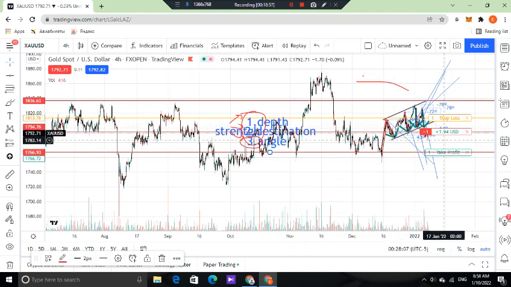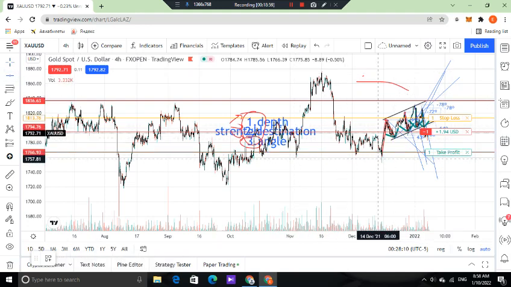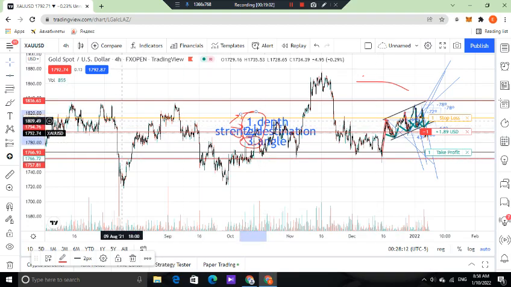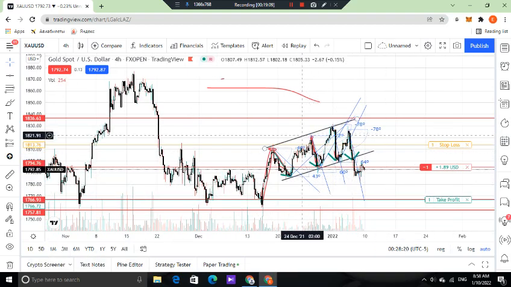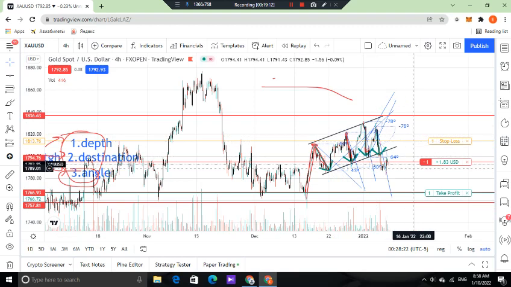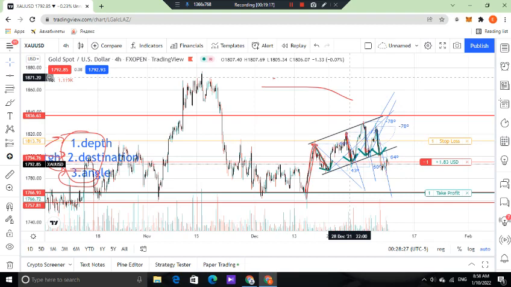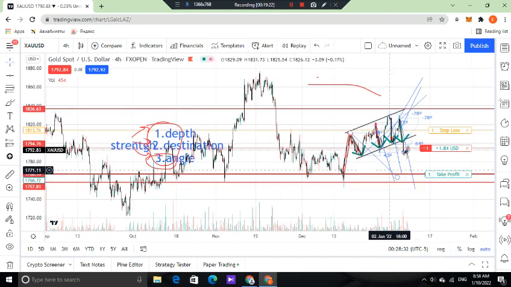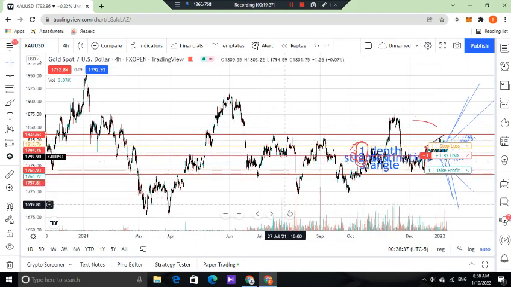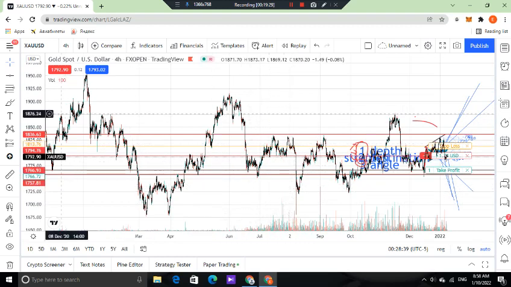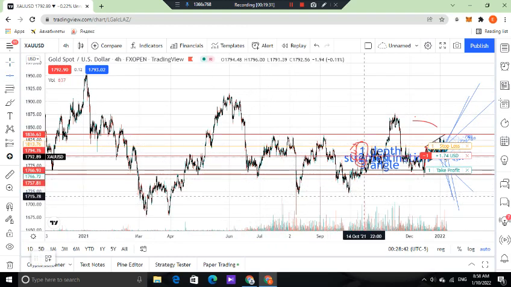Consequently I put my take profit at this level, and I think it will dip and drop till this area, because if you look at it, we have kind of a trading range. It's not a fixed trading range.